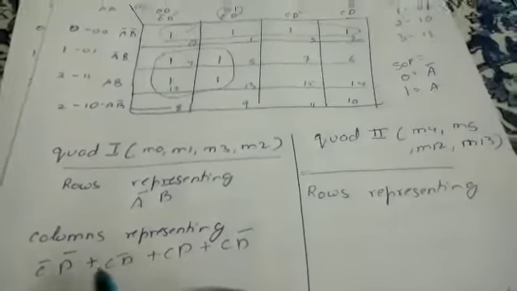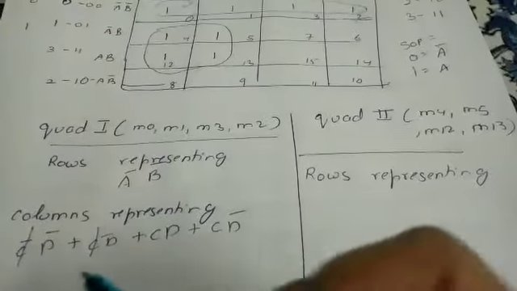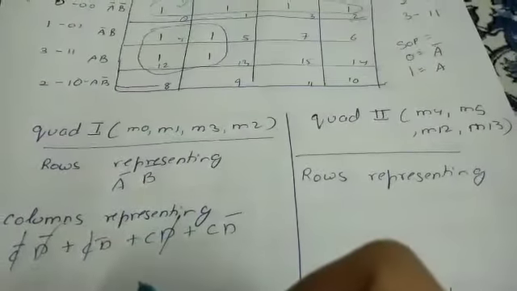Now what you have to look for is opposite variables. So you have C naught and C, which will cancel each other. Then D naught and D would cancel each other.